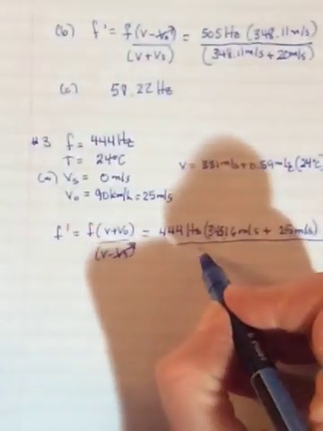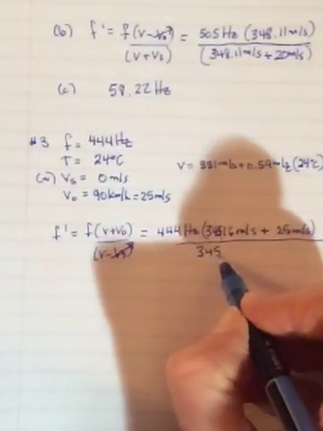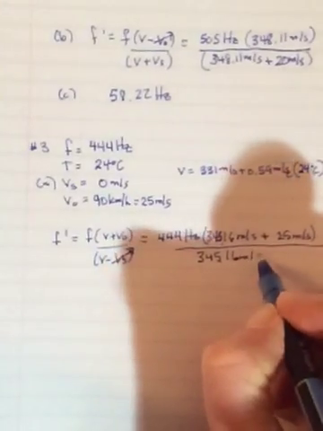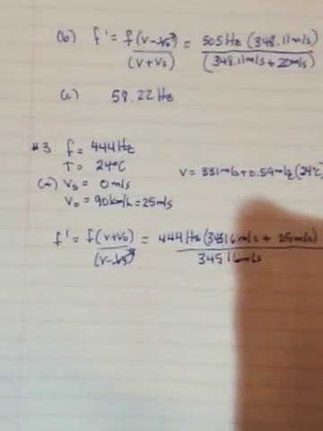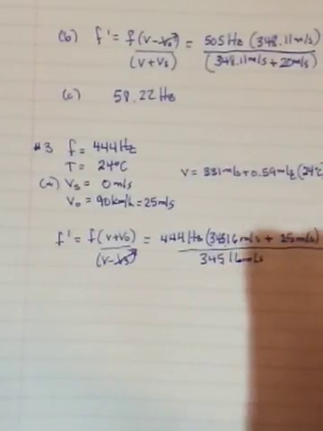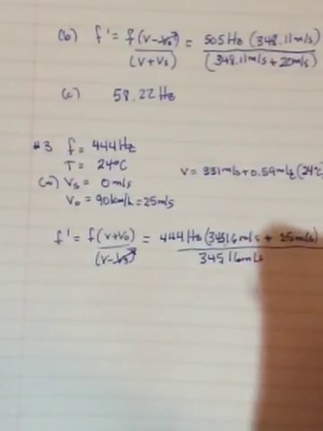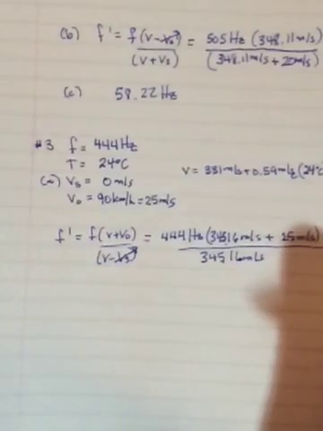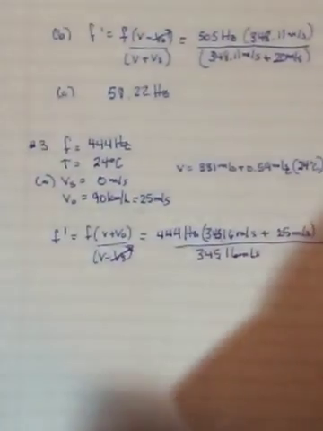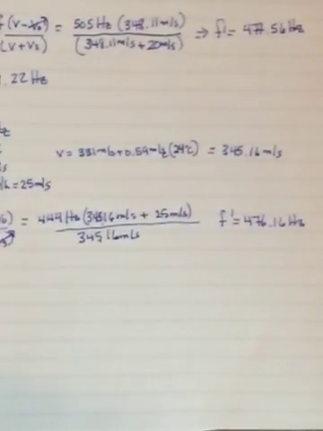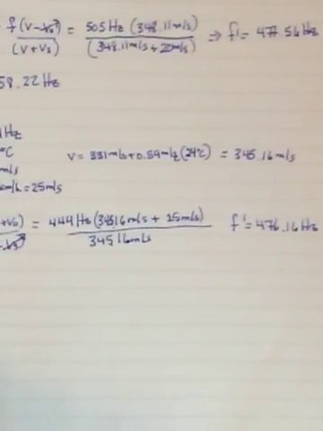And so on the bottom will just be the 345.16 meters per second. And so when you do the math here, you get an apparent frequency of 476.16 hertz, higher than what the original one was, which is what it should be, because it's actually approaching, so you should hear a higher frequency.